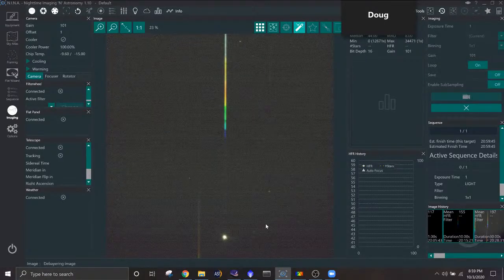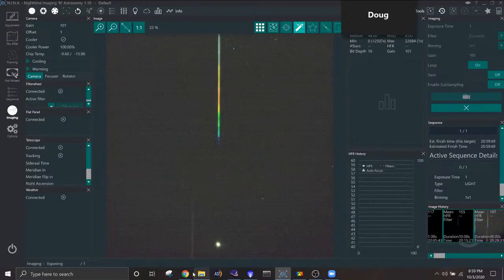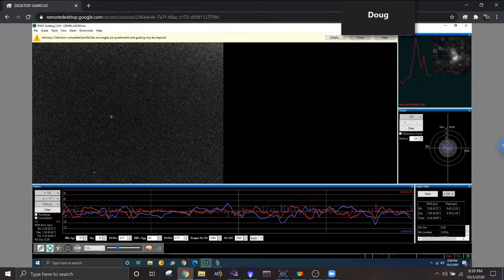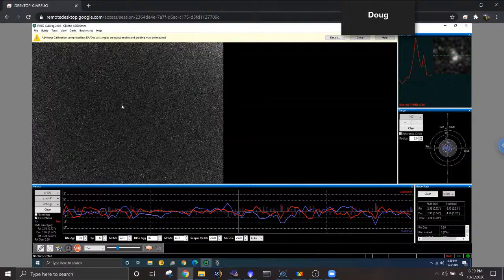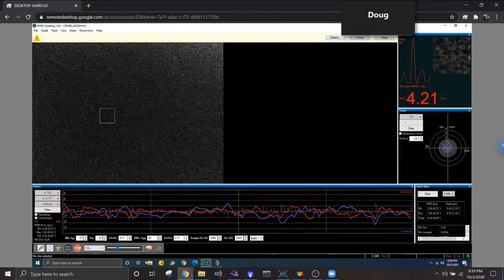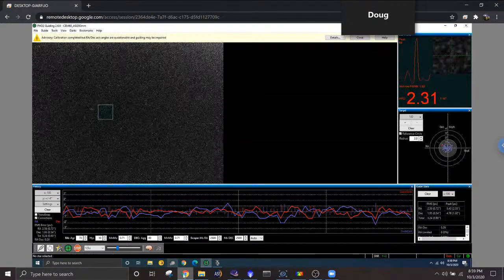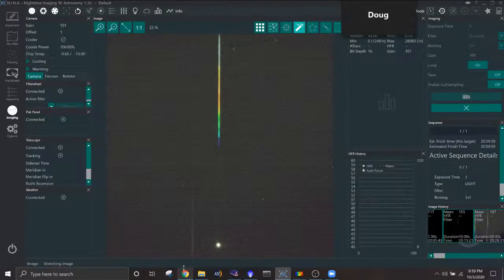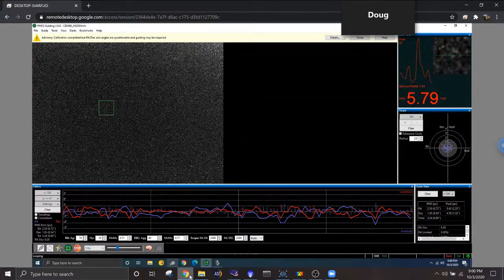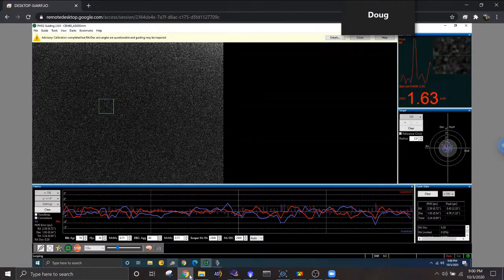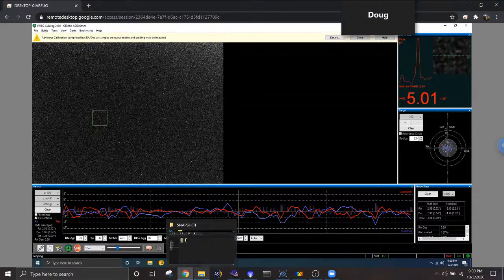Please go center. All right, let's get the guiding on this now. This is also in the constellation Cygnus. Yeah, there are no guide stars. That's sad. Let's look for some.